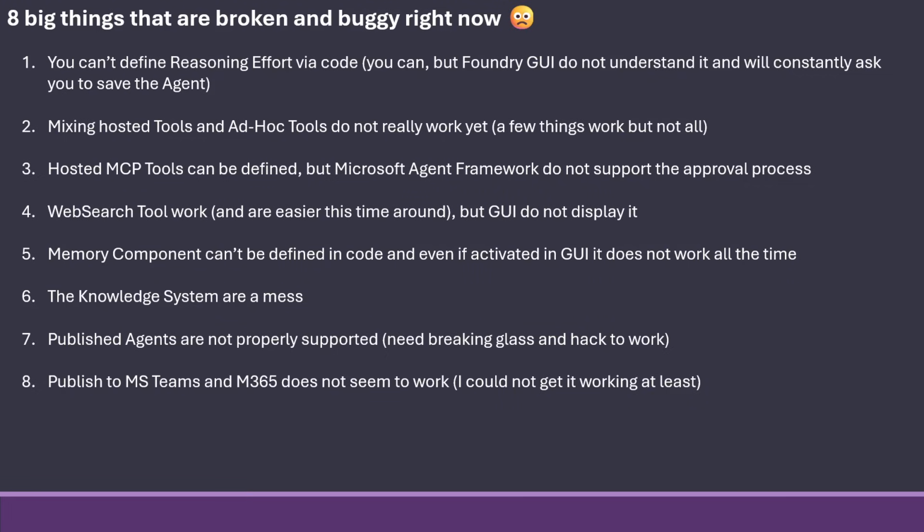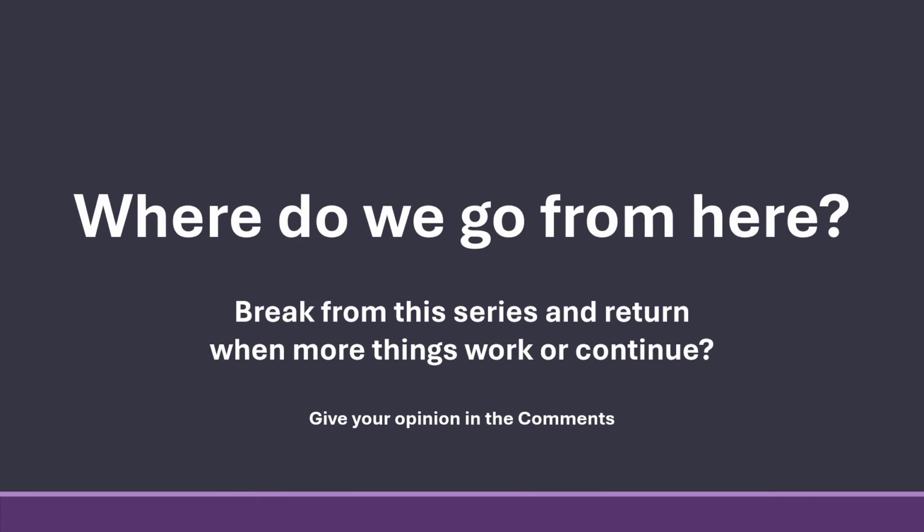So this, and then the portal being slow at times and stuff, but these are the big things I have found that really make me hesitant on what to do from now. Because what do we do with this series? I can soldier on. The next video would be about workflows, which probably are also a lot buggy.